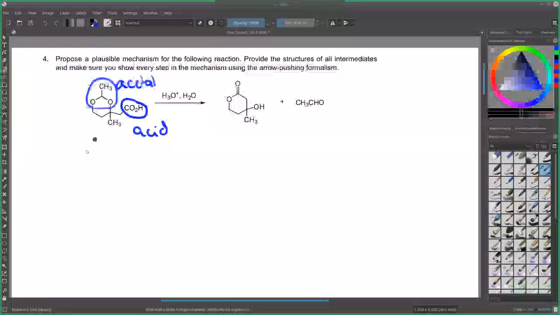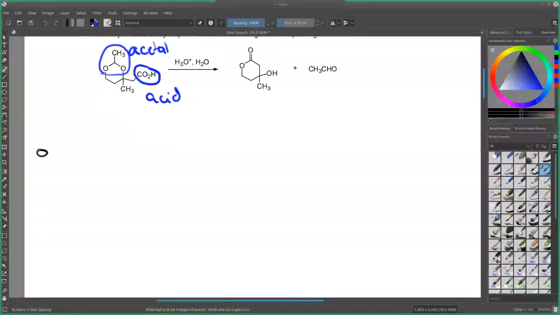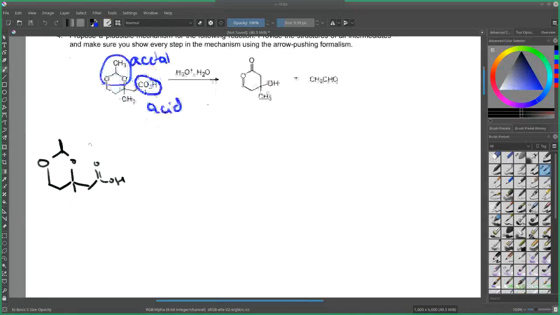So maybe to start, let's take our starting structure and we are putting in an acid, so here's an H3O plus.